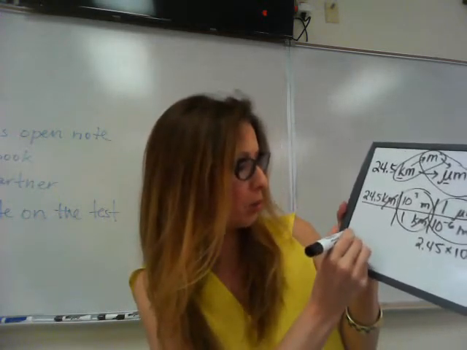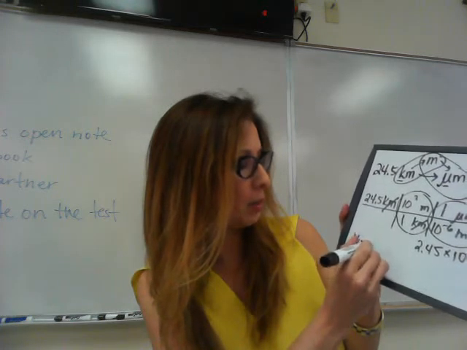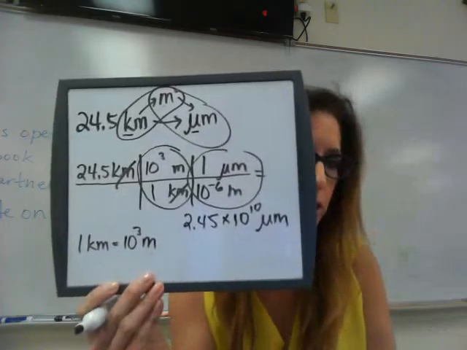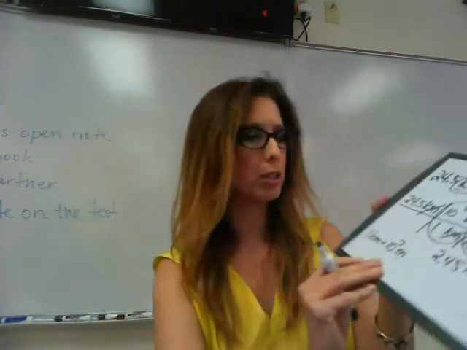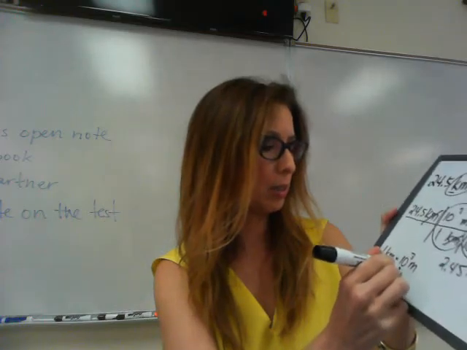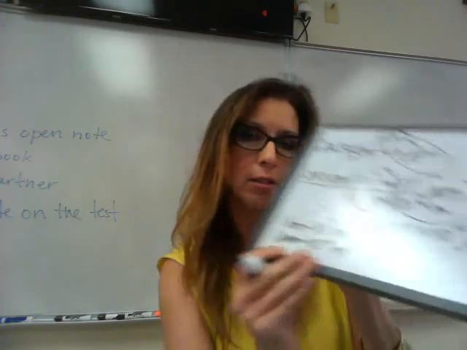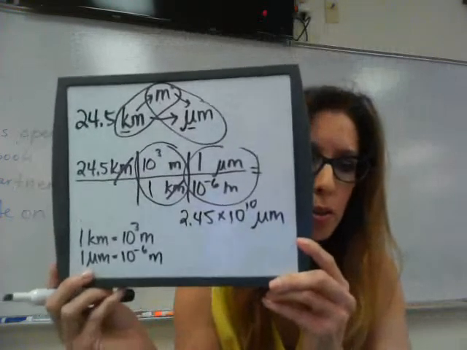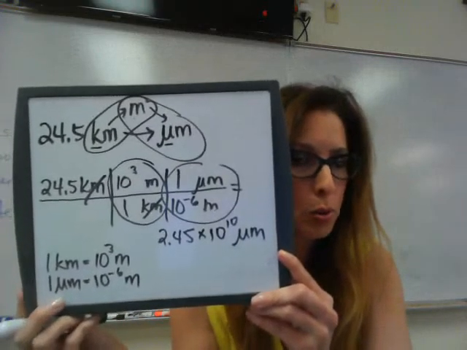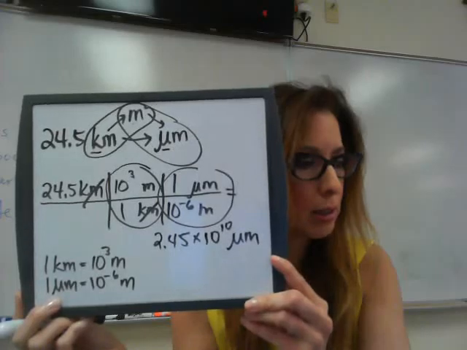So you would write it as 1 km equals 10 to the 3rd m. That's one of the unit equations. And the other unit equation is 1 micrometer equals 10 to the negative 6 meters. Okay, so there are my 2 unit equations. Make sure you write those in, and that's it.